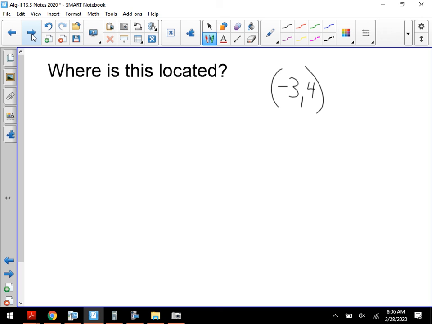All right. Where is -3 and 4 located? What quadrant does that drop to? Second quadrant. X is negative, y is positive. So when you plot that, you'd place it here. Are we okay with that? Now, what if I say that an angle has a terminal side that ends at the point -3 and 4?